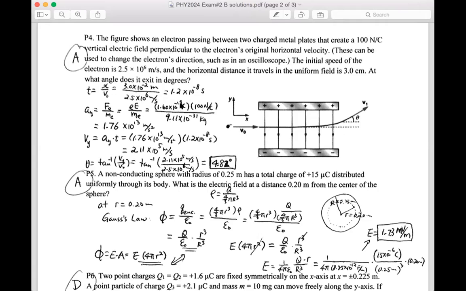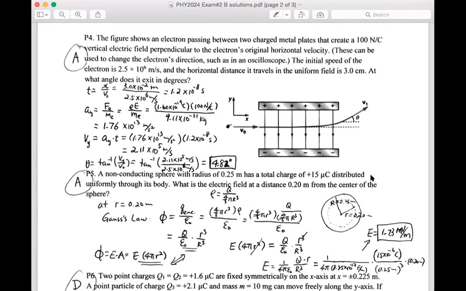Okay, so plug in the numbers, you'll get this as acceleration. Then acceleration times t will give you the final velocity in y direction. Okay, so then after that, the angle will be tangent inverse of vy over vx. Okay, and that gives you that number over there.